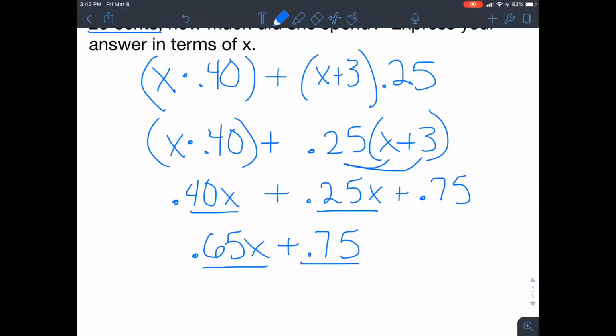So don't combine those. You will have the wrong answer. So we need to put parentheses around this. This shows this is our whole expression here, and dollars is our units here. So 0.65x plus 0.75 dollars is our answer.